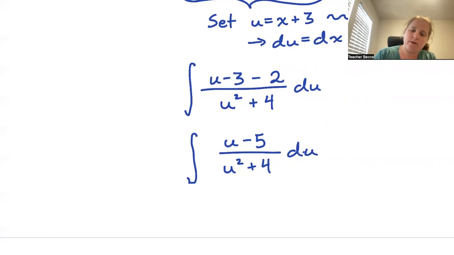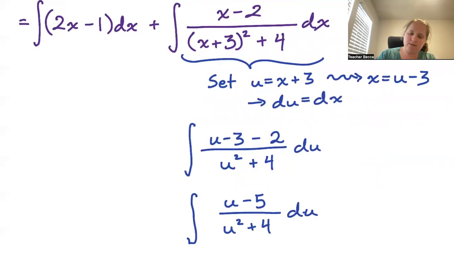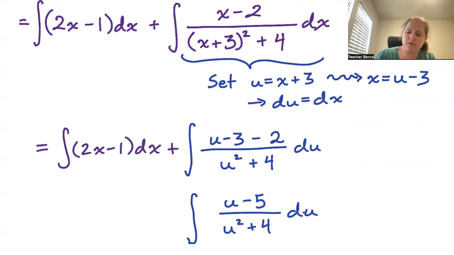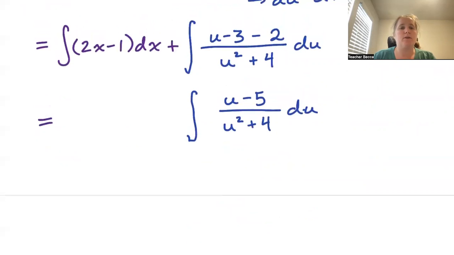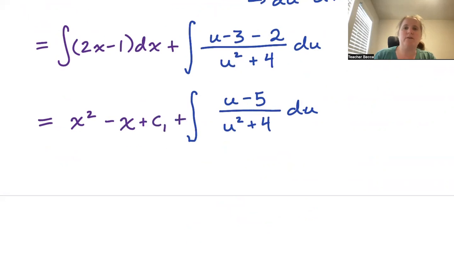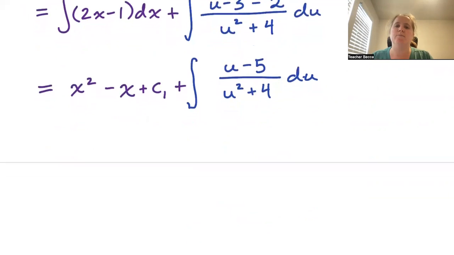Of course, we also have our other components still. So we still have our integral of 2x minus 1 dx added out front. That integral, of course, we know, the integral of 2x minus 1 will go to x squared minus x plus c1, and then we have plus an integral of u minus 5 over u squared plus 4 du.